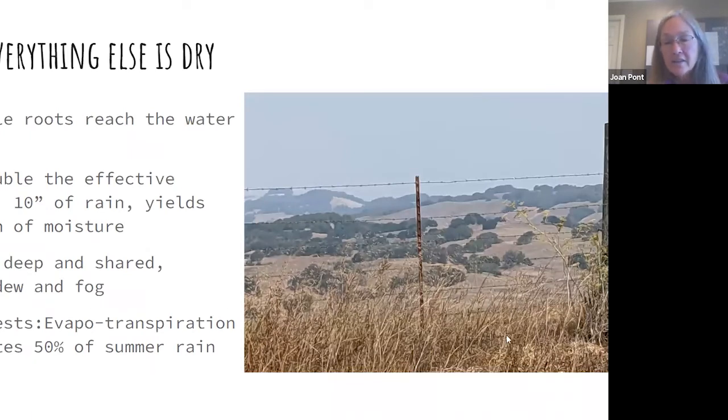So here's a drive in the summer. All these ugly weeds are non-native European winter annual weeds. And all those green blobs in the hillside are all native oaks that are surviving the summer with roots down to the water table. These oaks are providing lateral irrigation, but they're also actually doubling the effective rainfall because they're doing evaporative transpiration.